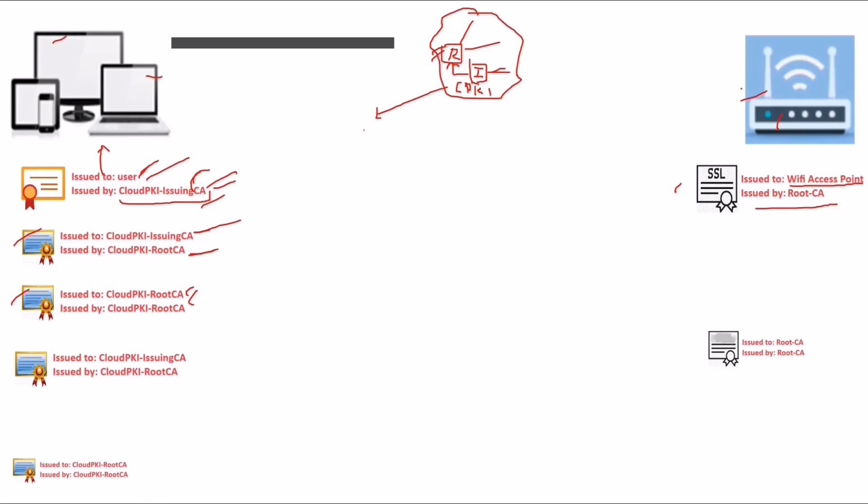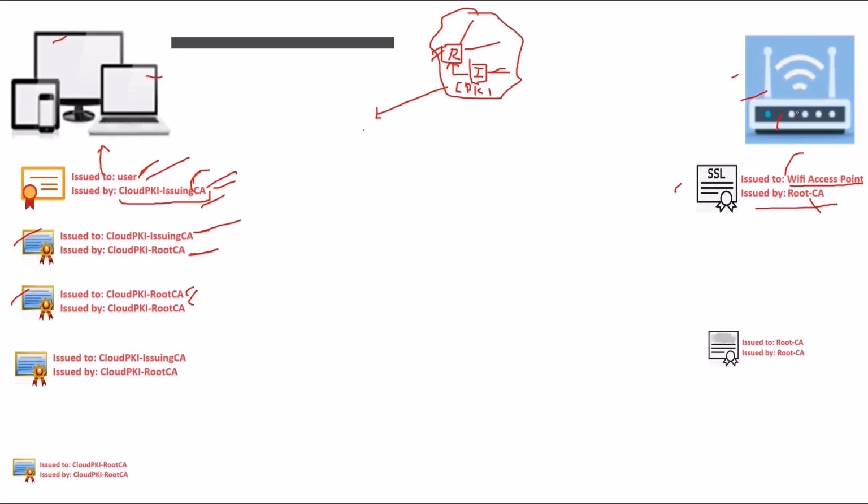But Cloud PKI is not going to issue any certificates to the Wi-Fi or VPN endpoint, because as of now, we don't have the ability to issue certificates from Cloud PKI to devices which are not Intune managed. Meaning this Wi-Fi endpoint needs an SSL certificate which is issued by the root CA and issued to the Wi-Fi access point, but Cloud PKI does not have this certificate.